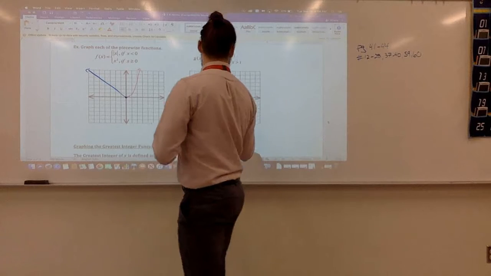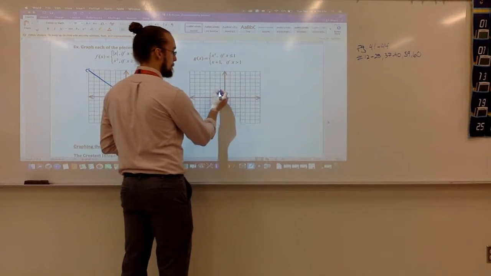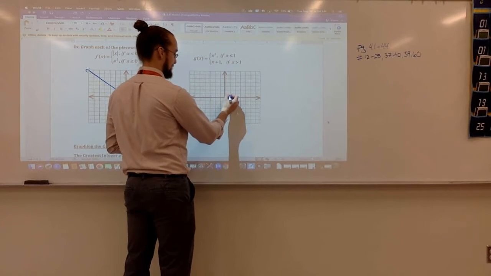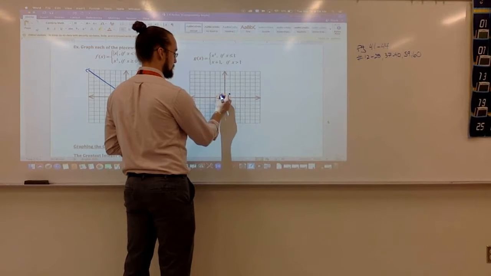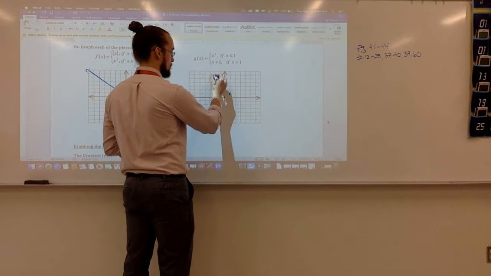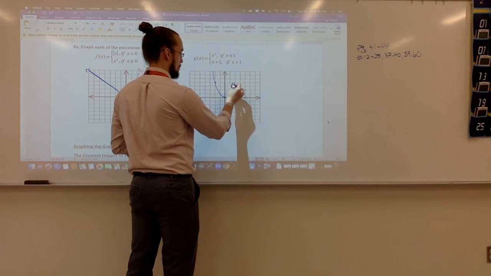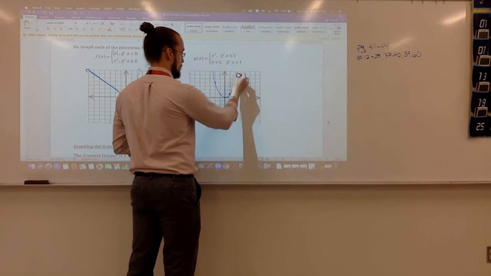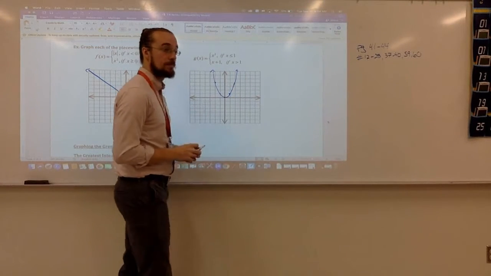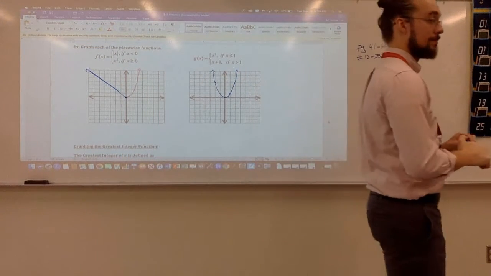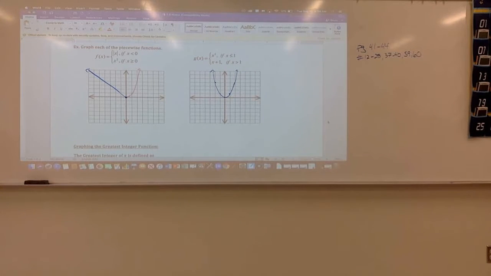So I would say this is x plus 1, so it's a slope of 1 and a y-intercept of 1.